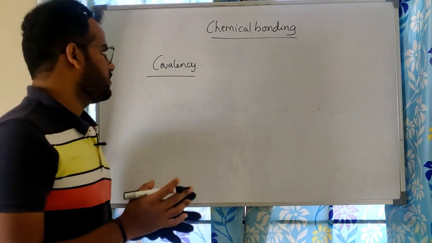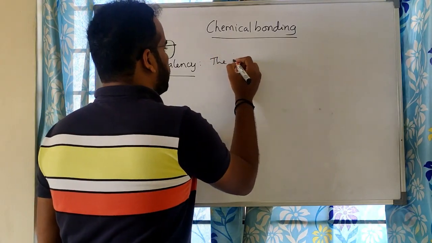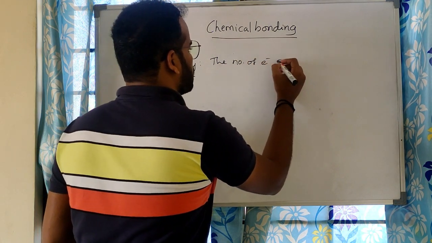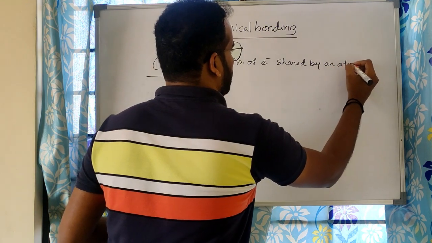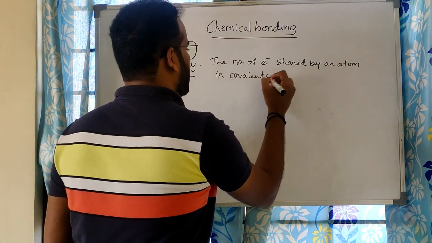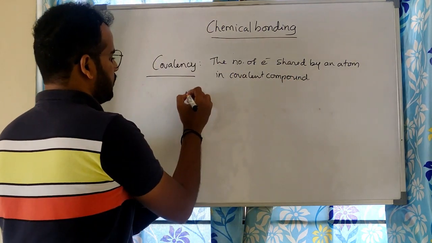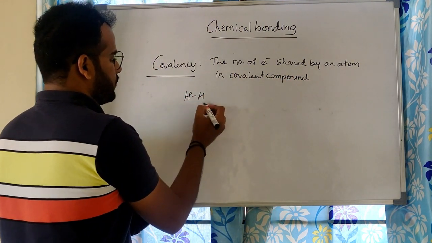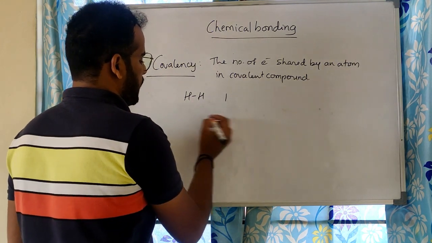Just like electrovalency, there is a term called covalency. What is covalency? The number of electrons shared by an atom in a covalent compound. That will be the covalency of that particular atom. For example, here H and H both are sharing one electron, so both have covalency 1.